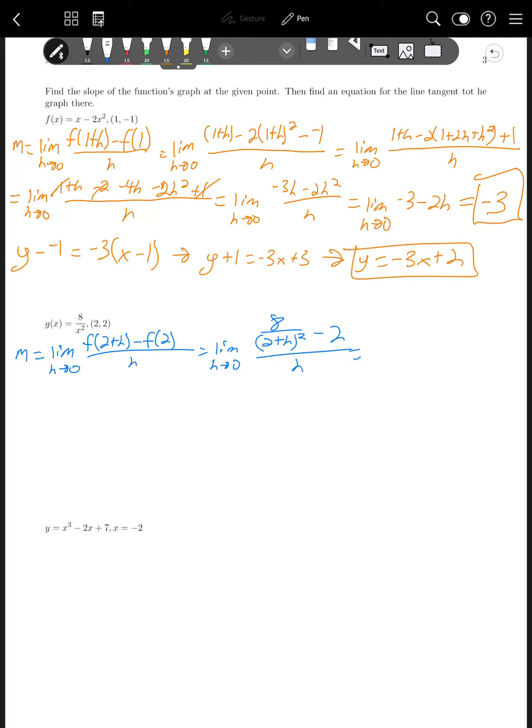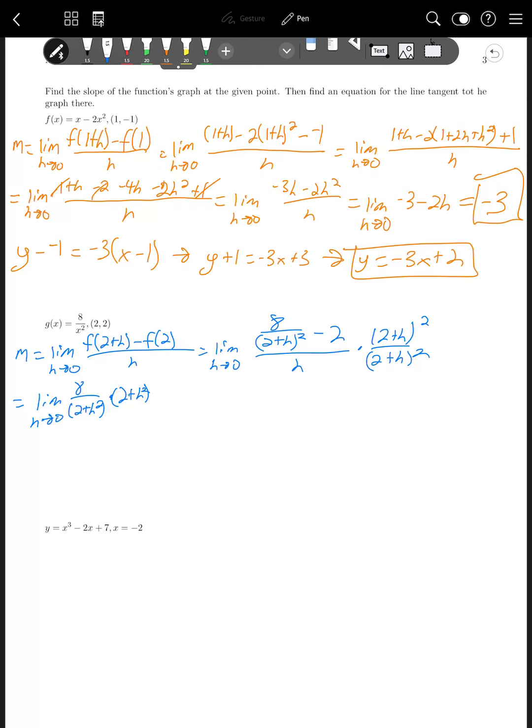And now we want to do the same thing we've done before, which is get rid of the complex fraction. So multiply by the denominator itself, the most common denominator, which is 2 plus h squared. Okay, so that's going to be the limit as h approaches 0 of 8 over 2 plus h squared times 2 plus h squared.